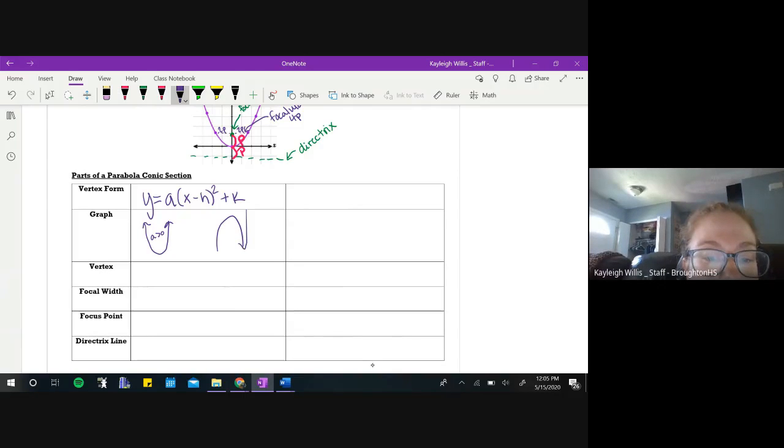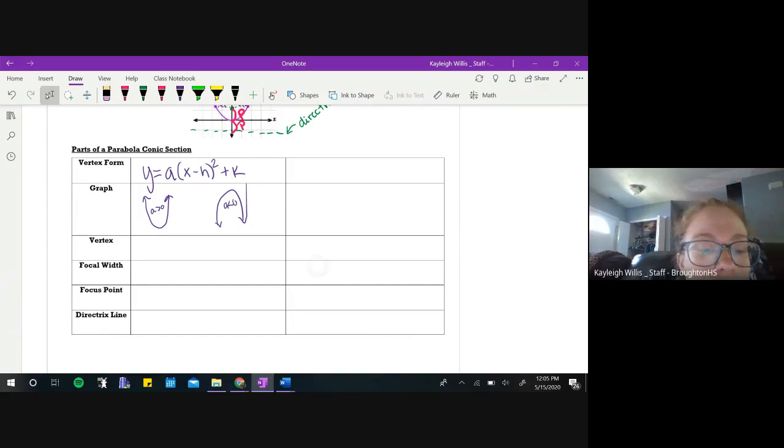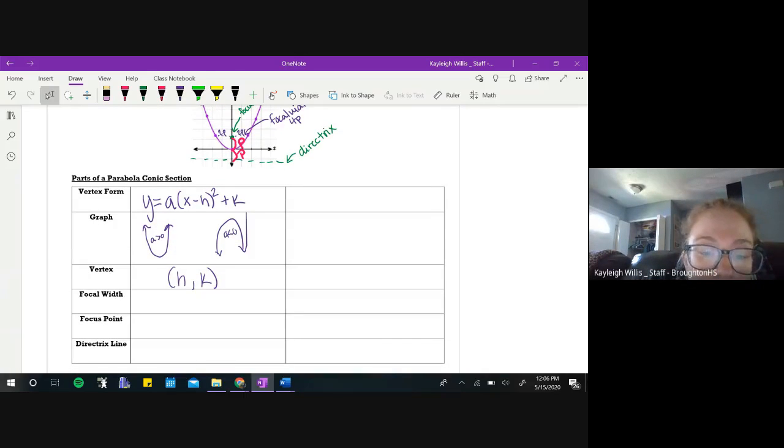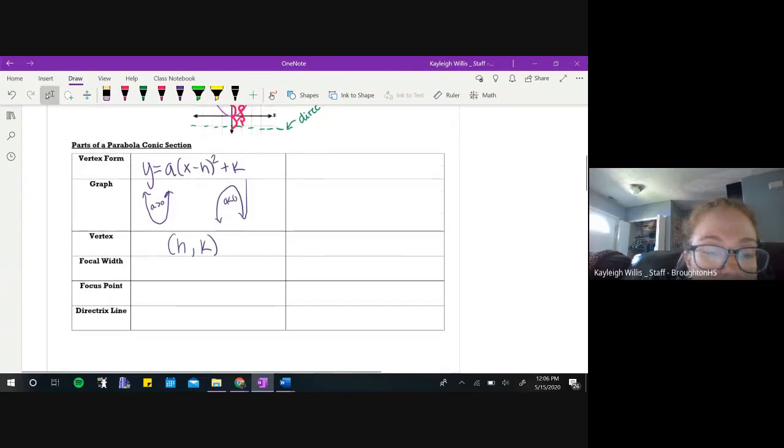If a is negative, it's going to be facing down. And then the vertex, remember, is the opposite of h, comma, k. I always say the opposite of h because in our formula, it's a minus sign, so when we pull it out of the formula, we have to take the opposite value of h. And then the focal width, which is what I talked about, is 4p. But where does that value come from?